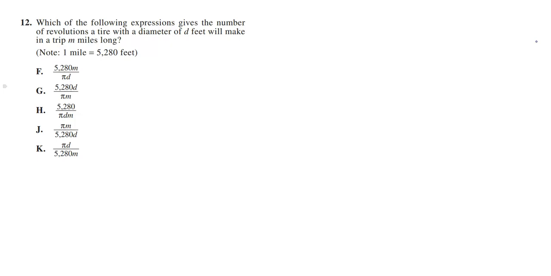Which of the following expressions gives the number of revolutions a tire with a diameter of d feet will make in a trip m miles long? So when we talk about revolution, we have to remember that we're talking about going around the circle. So that is going to be circumference.